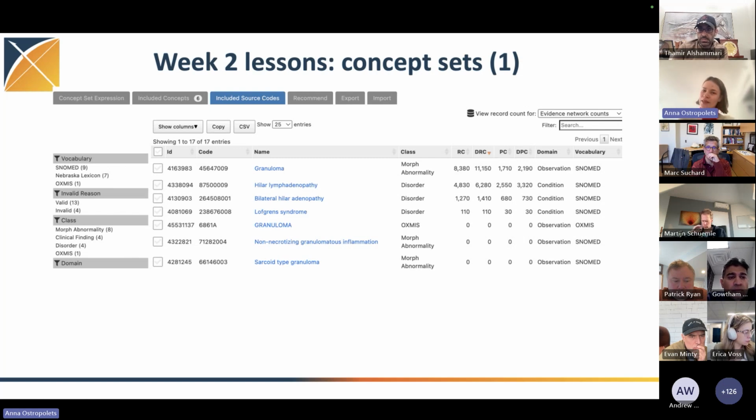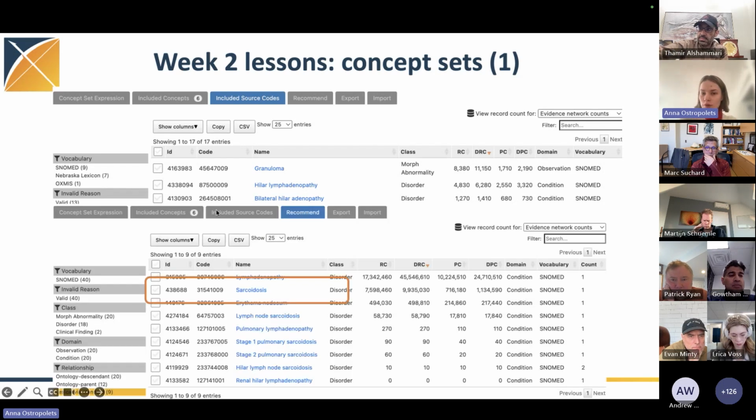So that already can make you suspicious about this concept set, or can highlight an opportunity to improve, because right now, none of the ICD-10s or ICD-9s are captured through this concept set. Moreover, if we were to look at the recommendations in this recommend tab, we would see that there are some terms that look very much like sarcoidosis.